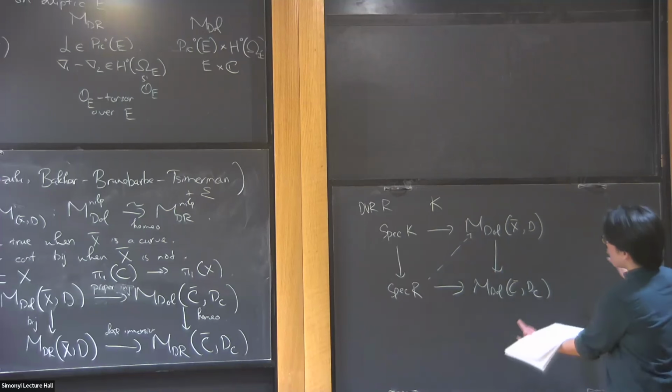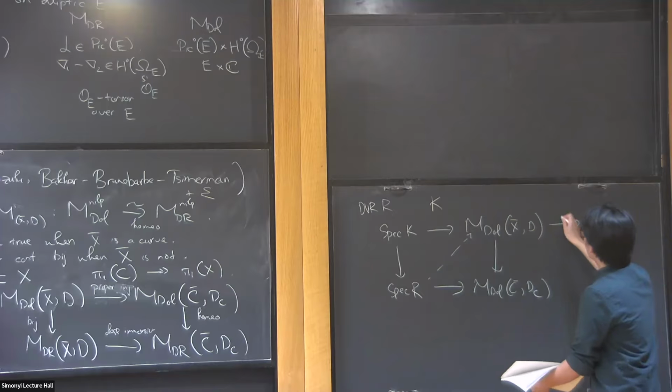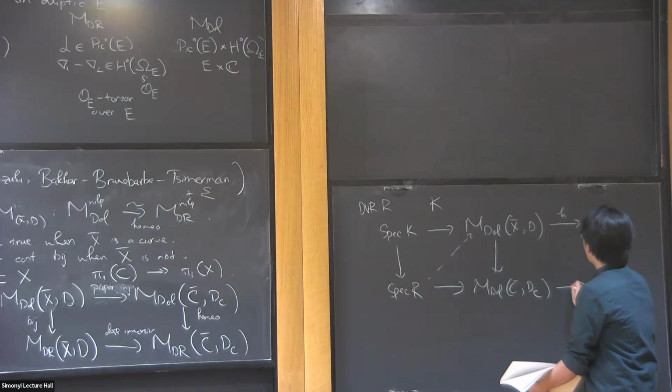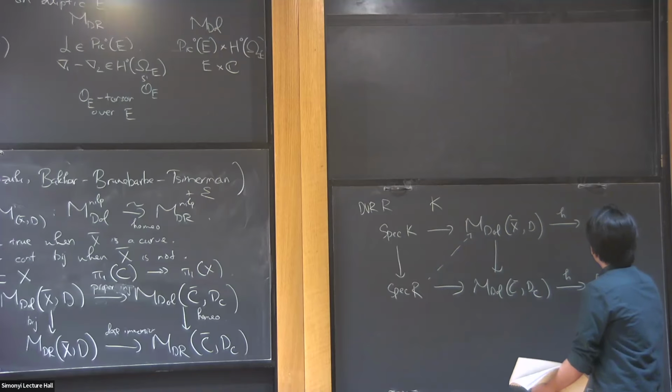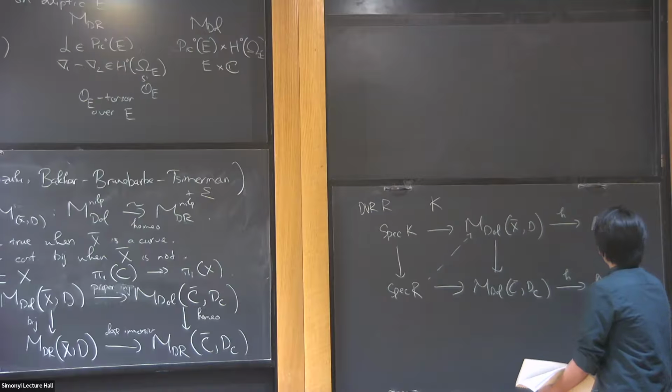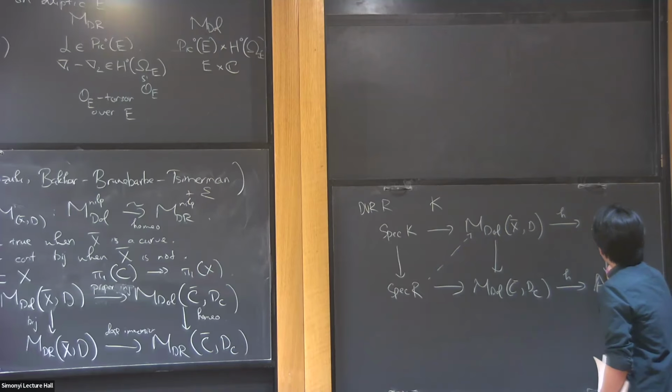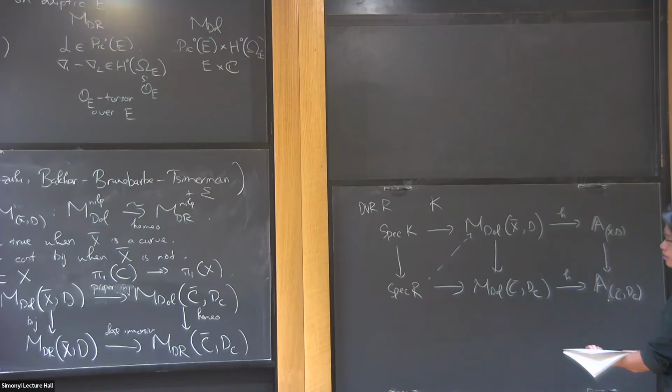And I can extend this diagram by using something called a Hitchin map to some base here. So the idea is that I can pick a sufficiently ample C such that this map is an injection.